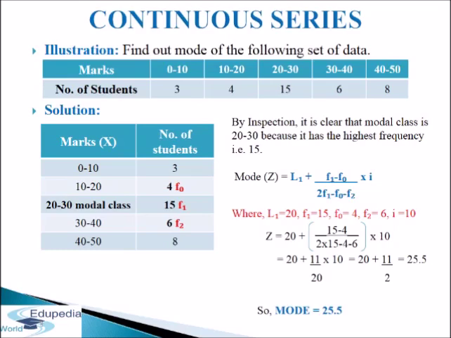And F2 will be 6 because it is the frequency of the class succeeding the modal class. And F1 is 15 because by inspection you can say that it's the highest frequency. So you can see in the table we got the modal class, F0, F1 and F2. Now we will put these values in the formula.